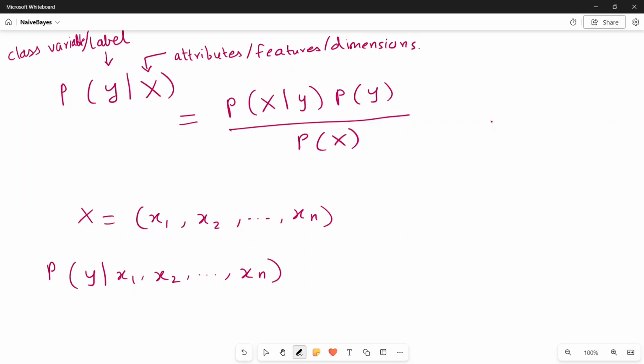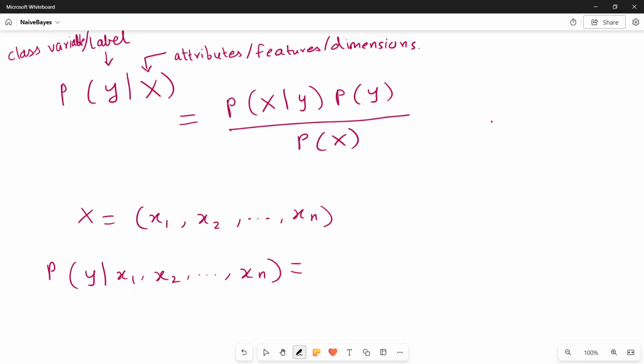So the probability of Y given x1, x2, up to xn is equal to, now here comes the naivety. In plain English, if you say that someone is naive, you mean they are a simpleton or slightly idiotic.